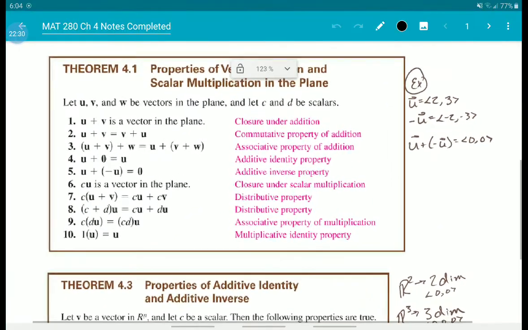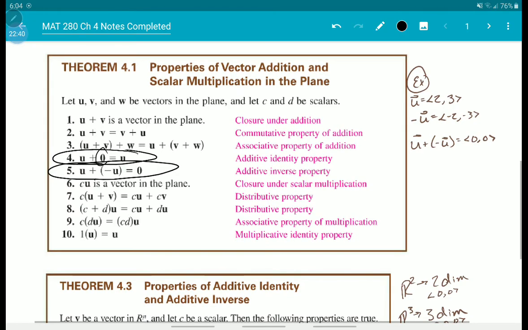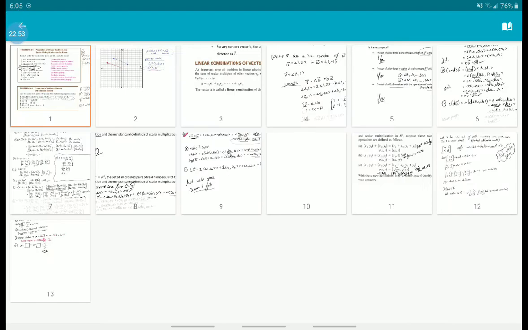That axiom is really trying to say here and here, what do you have to add to get that number back? And what do you have to add to u to get your additive identity? So remember, additive identities aren't necessarily 0.